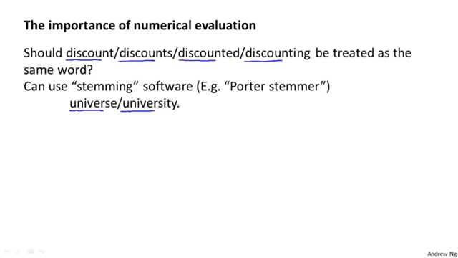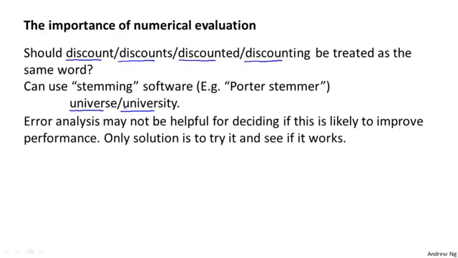So if you're trying to decide whether or not to use stemming software for a spam classifier, it's not always easy to tell, and in particular, error analysis may not actually be helpful for deciding if this sort of stemming idea is a good idea. Instead, the best way to figure out if using stemming software is going to help your classifier is if you have a way to very quickly just try it and see if it works.